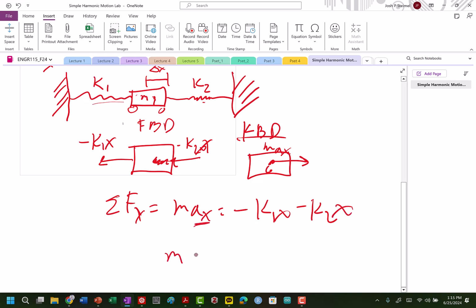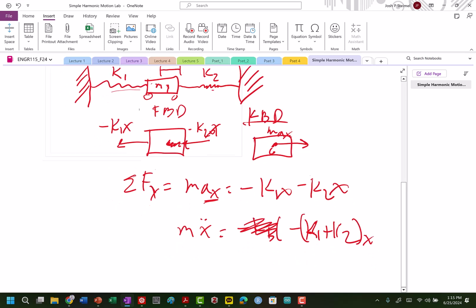So mass times x double dot, equals minus K1 plus K2, times x.